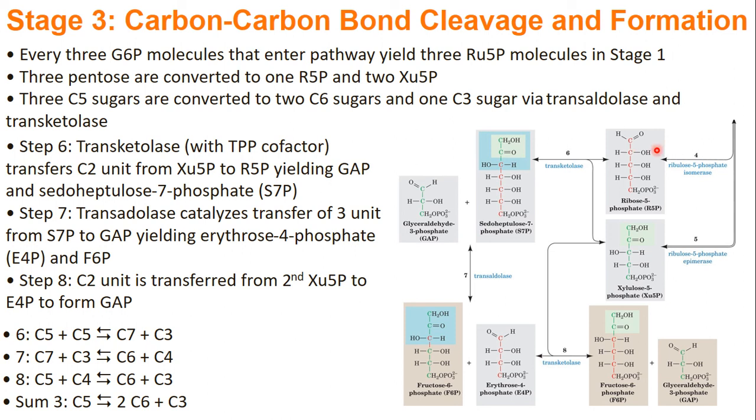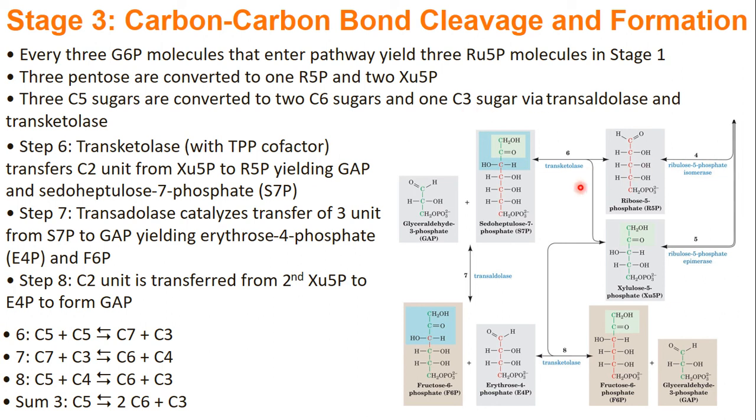We're going to convert our 3 5-carbon molecules into 2 6-carbon molecules and 1 3-carbon molecule. And so these 2 C6, that's a total of 12 carbons, plus 1 C3, that's 15 carbons. So you see, we're not losing carbons during this. All we're doing is just changing how they're attached. Right, so let's take a look at this.